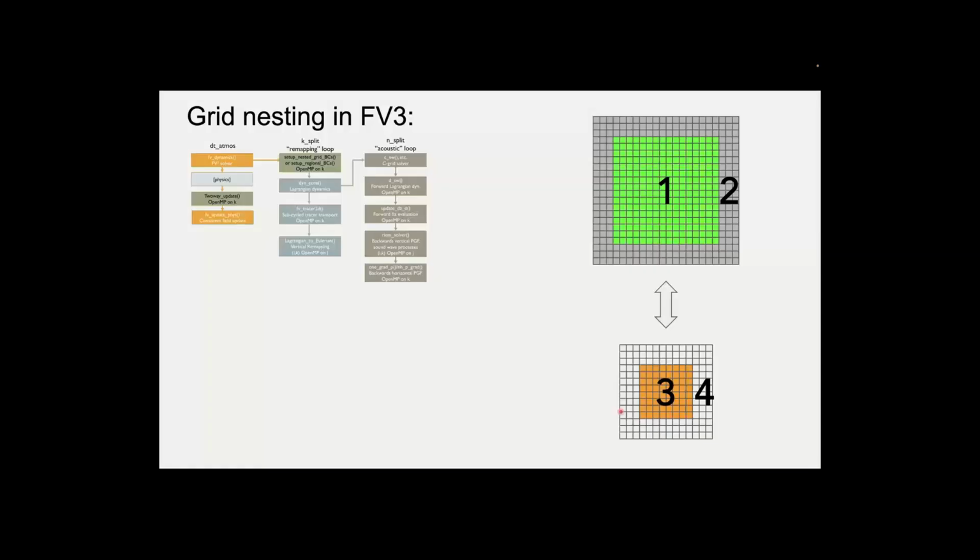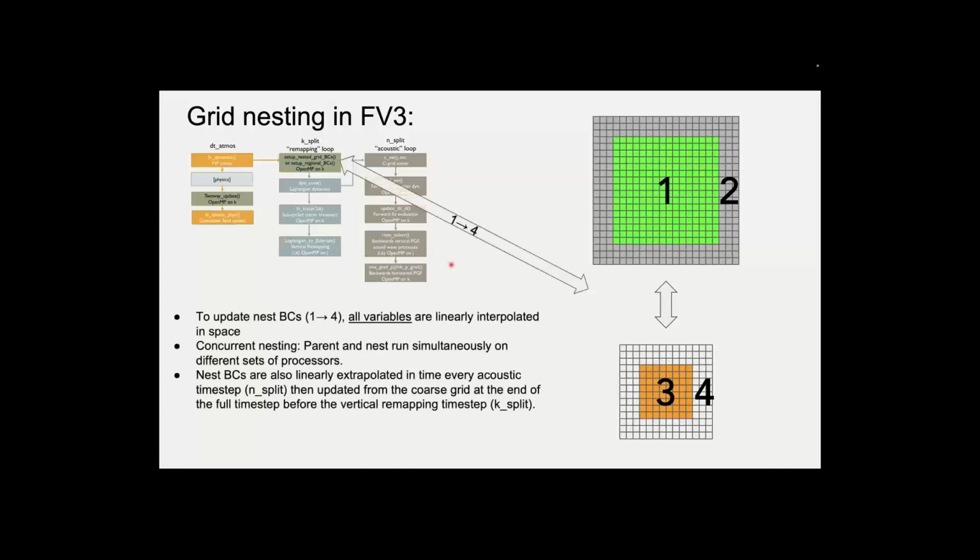So here I will give a brief overview of how nesting works in FV3. On the top right, we have a parent grid, and on the bottom right, we have a nested grid. And here on the left, we have the different levels of time stepping in FV3. Basically, we have 3 levels of time stepping: the long time step, a remapping time step, and the fastest time step, which is the acoustic time step.